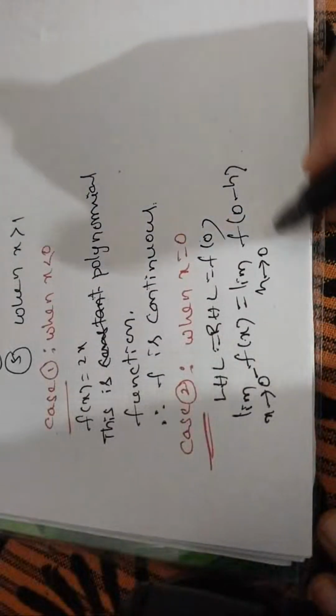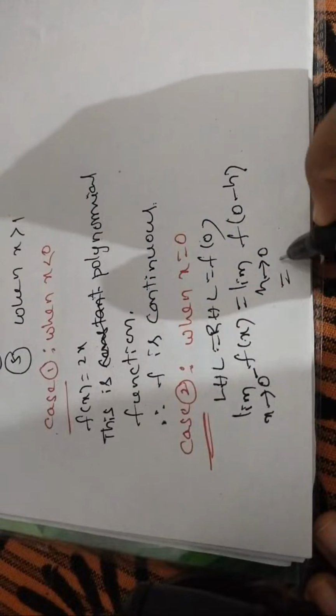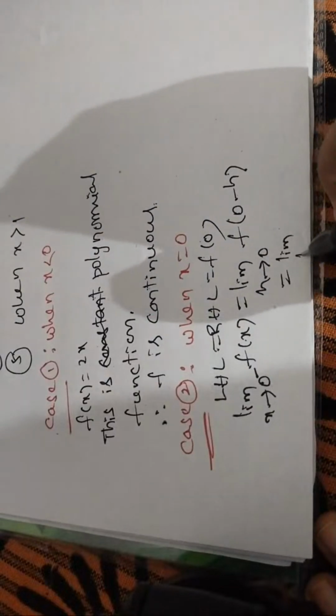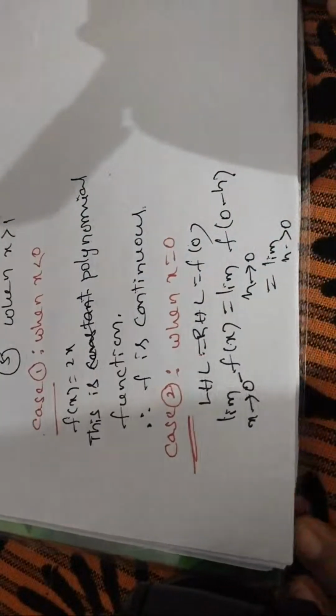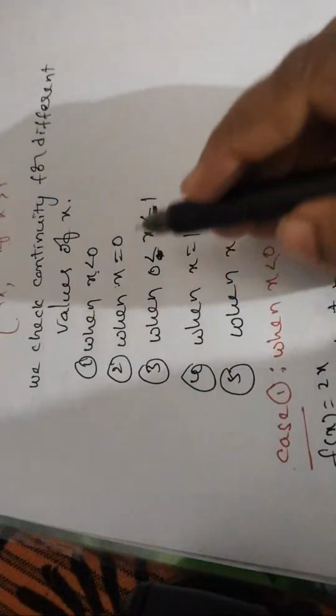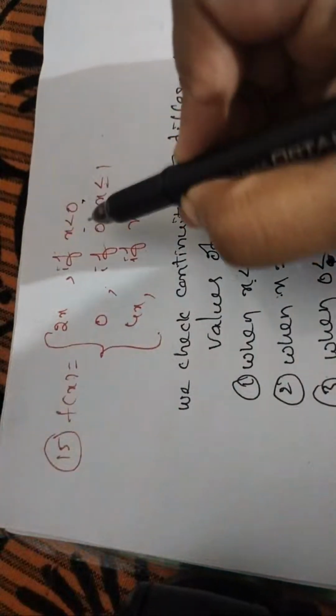Now 0 minus, what is the function at this time? 0 minus means less than 0. When x is less than 0, the function is 2x.